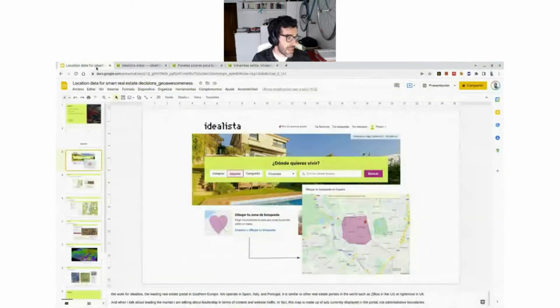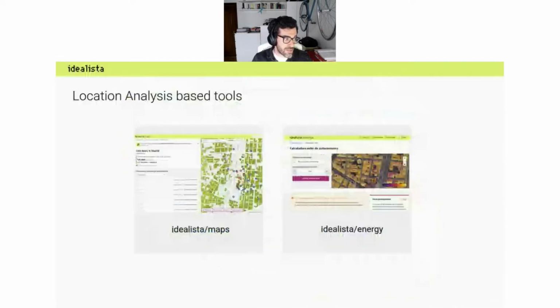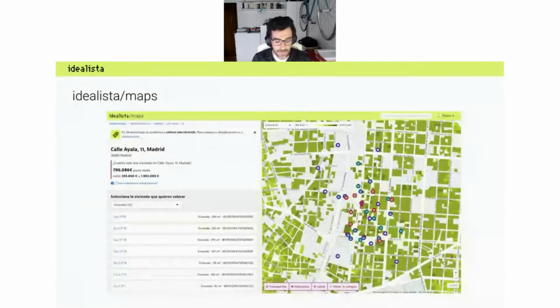Today I'm going to present a couple of additional tools that we have developed in the past 2 years, which are Idealista Maps and Idealista Energy, which are really related. I will start with Idealista Maps because, as I said, what we are trying to do is provide as much information as possible for the users in the portal.